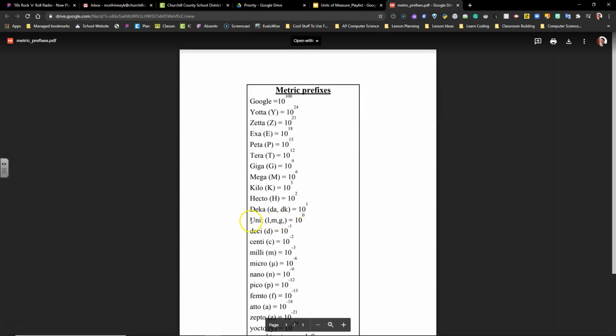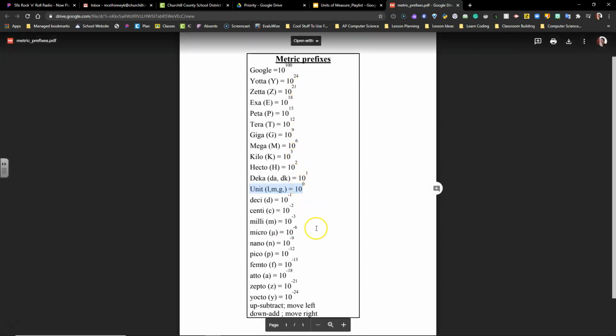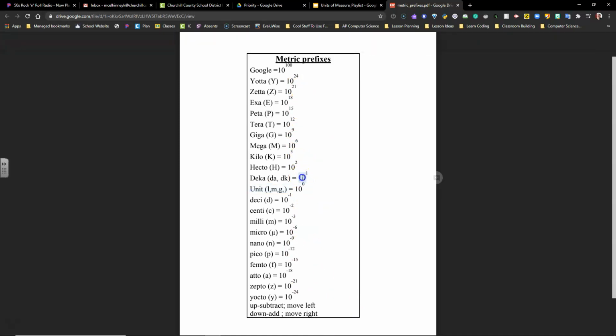And so we have our base unit right here, and then we have everything larger, okay, and then everything smaller. And you can see here that it's based off of units of 10, okay? So a deca, right, is 10 of the base unit. So 10 grams is equal to 1 decagram. Okay, hecto is 100, so 100 grams is equal to 1 hectogram, right? And kilo is 1,000, right? 10 to the third.